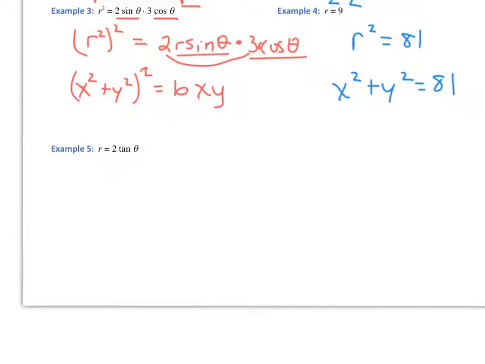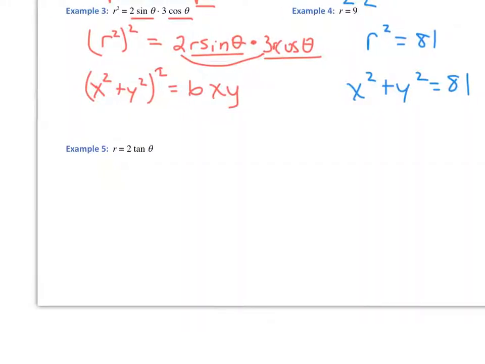Okay, all right, so I like what you're thinking, but here's what I want you to be aware of. If we multiplied this by r to get an r tan theta, just out of curiosity, is that equal to r sine theta over r cosine theta? Is that true?